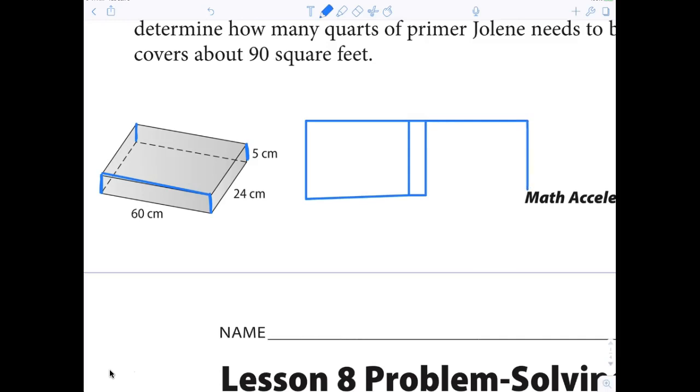The other, that would be the bottom, correct? And then this right here would be another wall. Do you agree with that? And then there would be one more flap that would come out like this. And one on this side also.